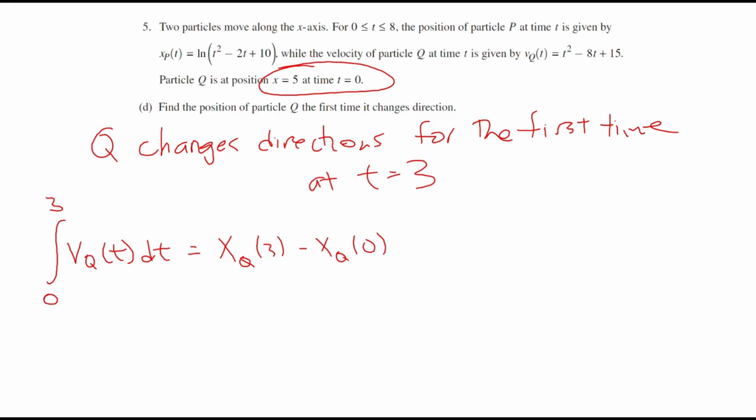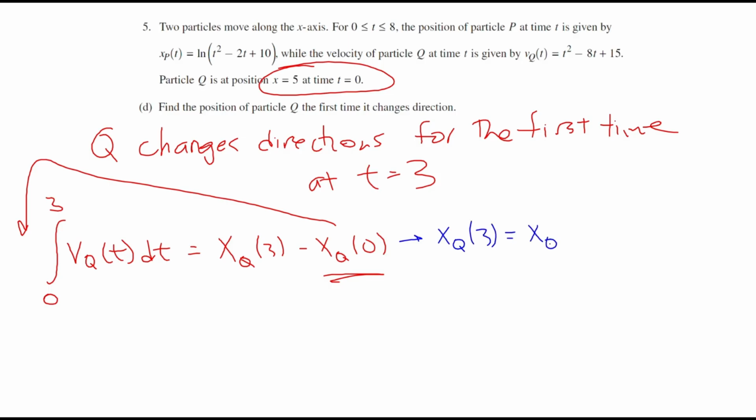And if we want to find x sub q of 3, we can just take x sub q of 0 and add it over here on the other side of the equal sign. So this is telling us that x sub q of 3, which is what we're looking for, is equal to x sub q of 0 plus the integral from 0 to 3 of v sub q of t dt.